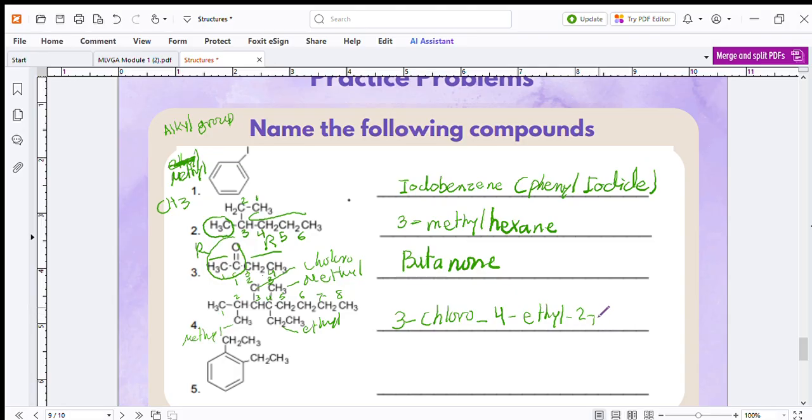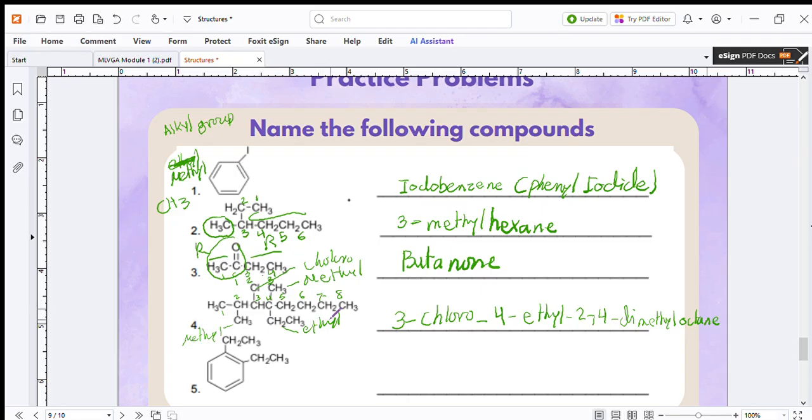If it repeated, maglagay lang tayo ng comma between numbers. Then another dash. Tapos sulatin natin yung di. Kasi dalawa po sila. Methyl. Then yung mother chain which is octane.